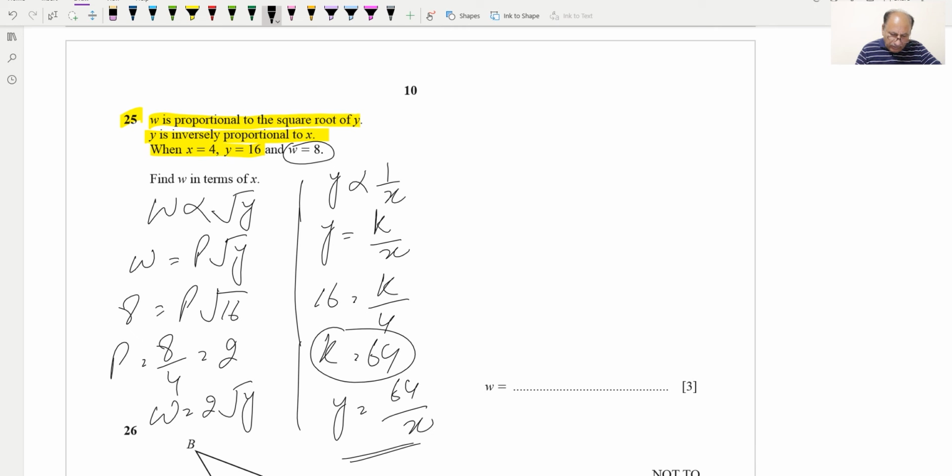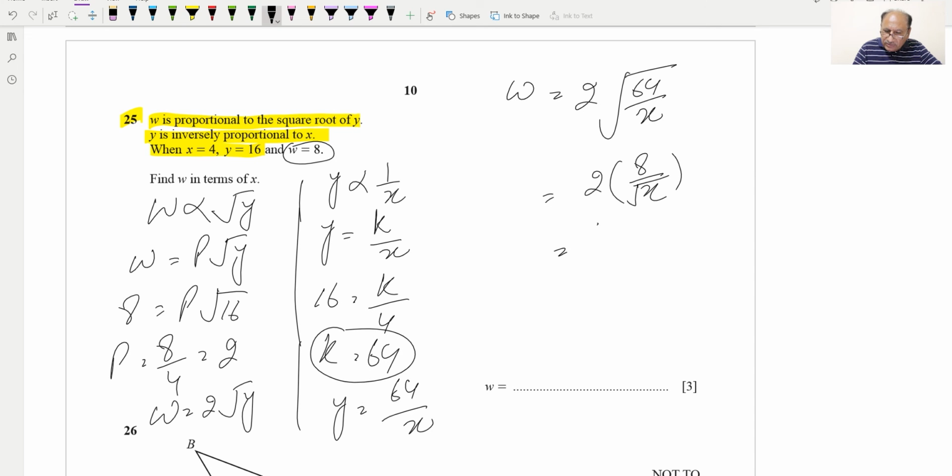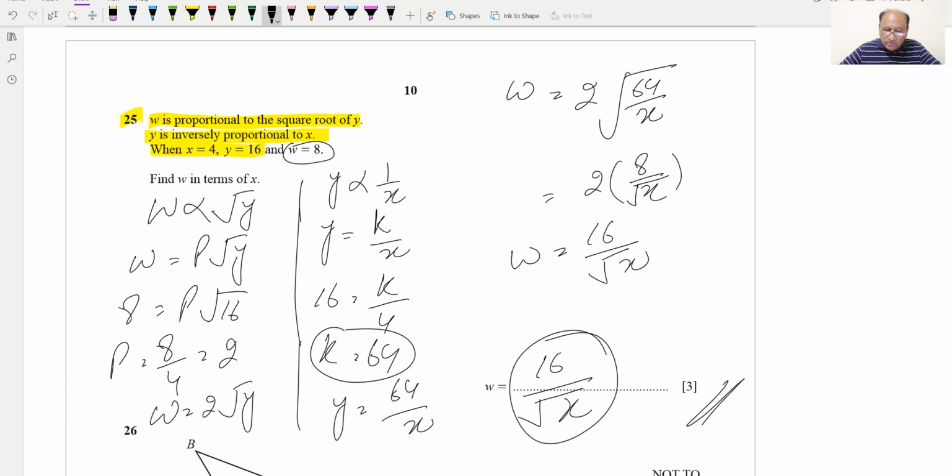Now this value of y we will replace in this, and we will get W is equal to 2 times root of 64 over x. This one we can write as 2 times 8 over root x, and this one we can write as 16 over root of x. So W is equal to 16 over root of x. Hopefully you understood this. This was 3 marks. A little tricky question, but not very difficult.